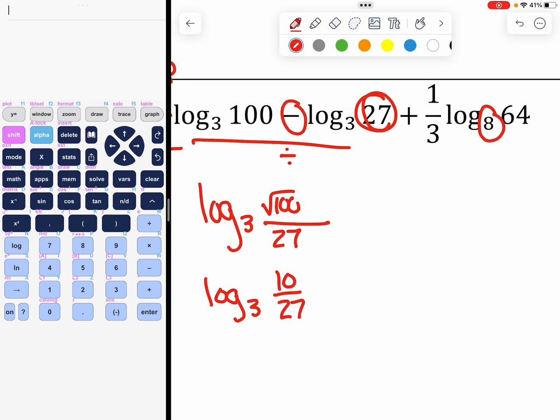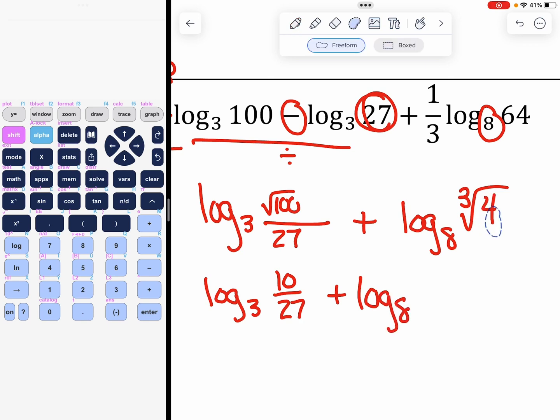Over here, an addition sign means it's a whole separate log, so I can't put it together. So this log base 8 is just going to have the cube root of 64, which is 4. So plus log base 8 of 64, like that.